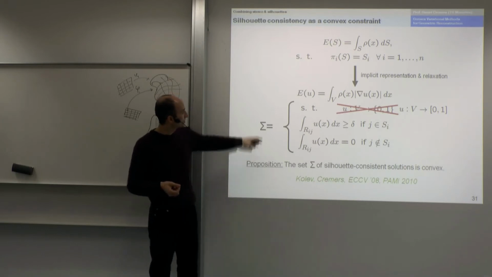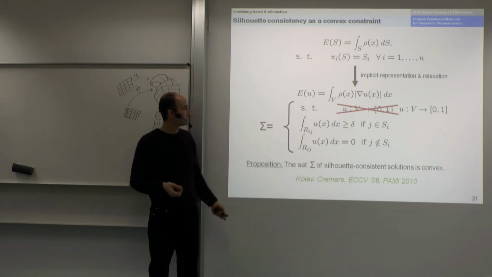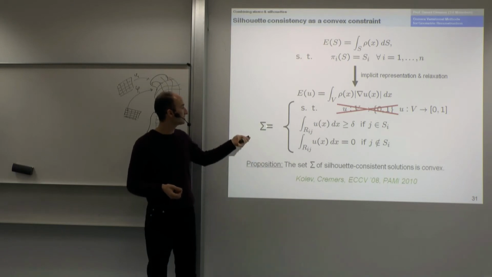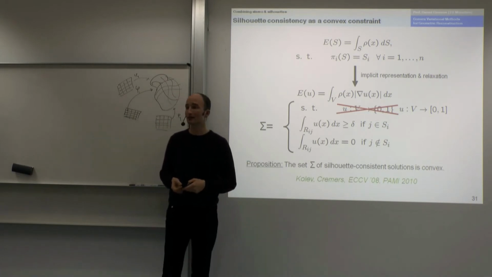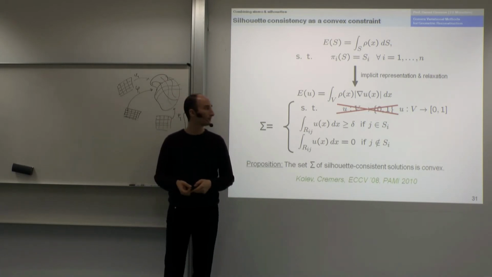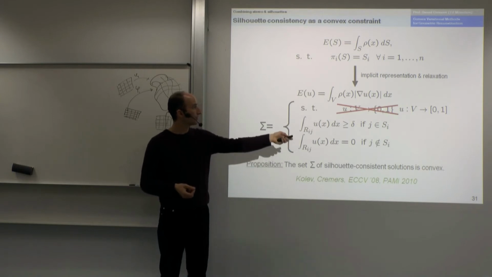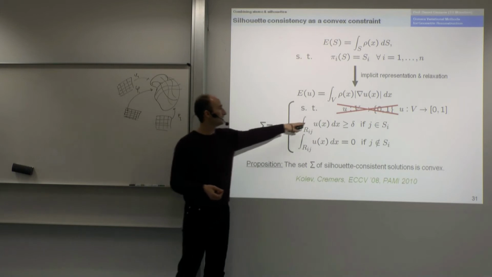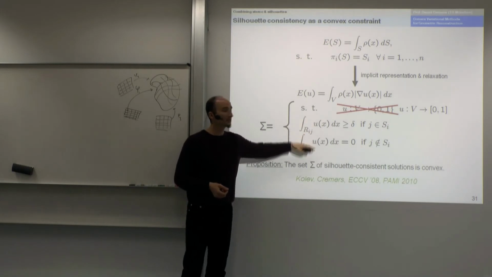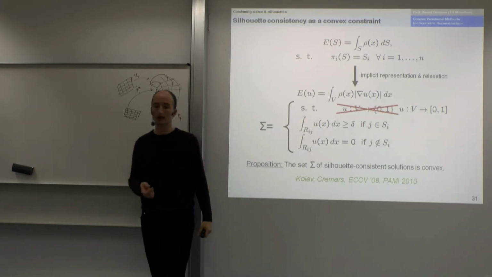And so what you can show, and it's not difficult to show, is that this set of feasible solutions in that relaxed formulation is a convex set. Because we dropped the binary constraint, that makes the set convex. And in addition, we have these silhouette consistency constraints, but they are linear.